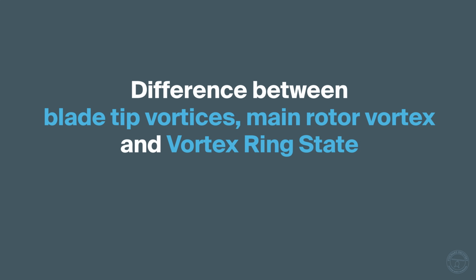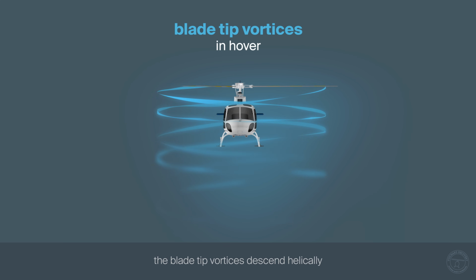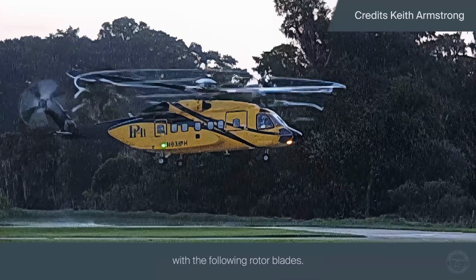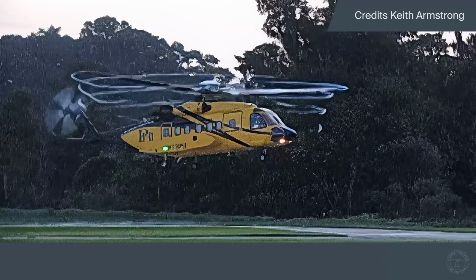Difference between blade tip vortices, main rotor vortex, and vortex ring state. In hover flight, the blade tip vortices descend helically and therefore do not come into contact with the following rotor blades, nor during the acceleration phase.